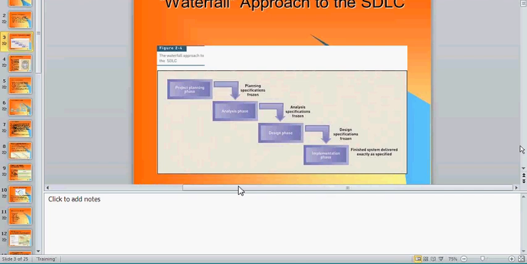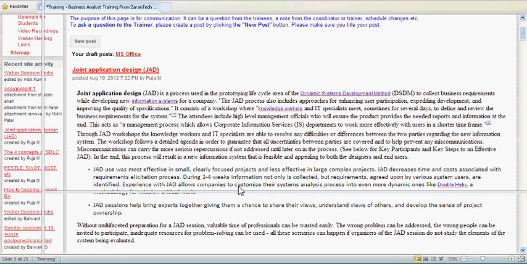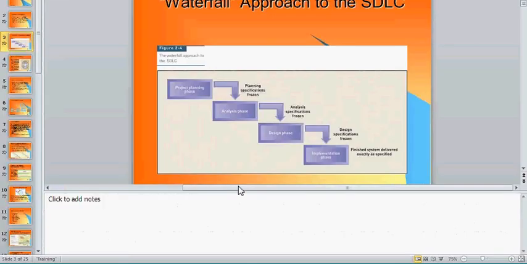Where are the others? Are the others following me? Okay. So the advantages of waterfall are: 1, low technical risk, easy to understand, easy to implement, and chances of success are almost guaranteed if you follow the waterfall methodology properly. Correct?